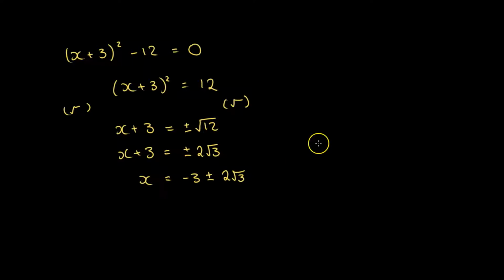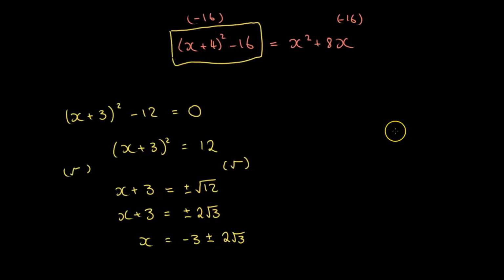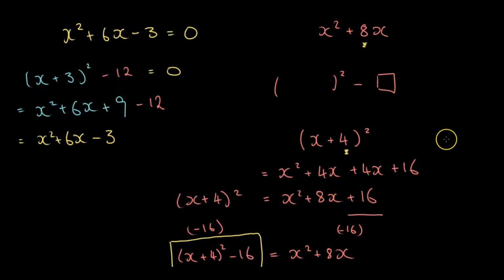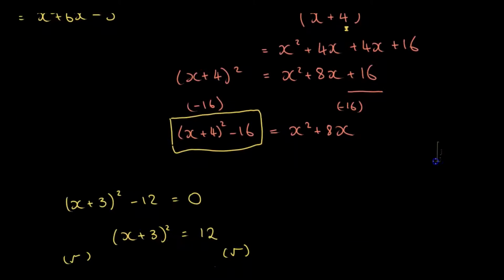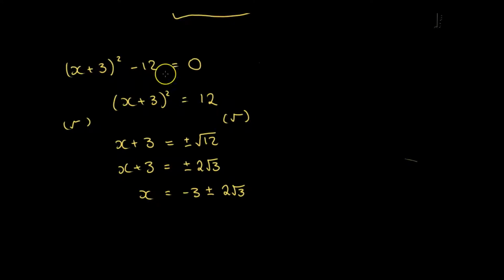I've worked out the two solutions for my quadratic equation by completing the square. So hopefully you can see how I got from my original quadratic equation. I've completed the square, and then using that, I have been able to find the two solutions for x.